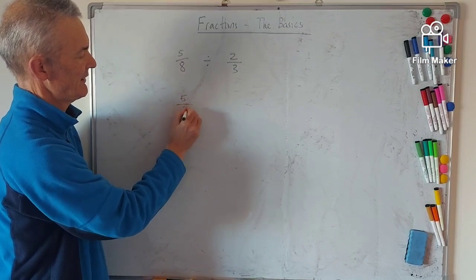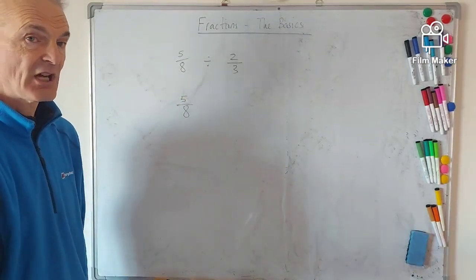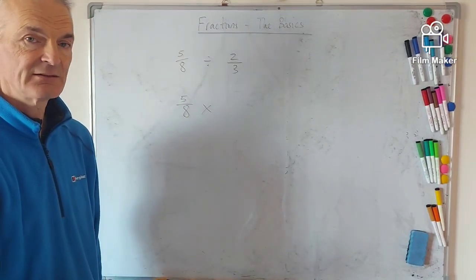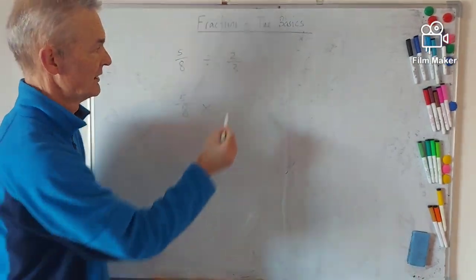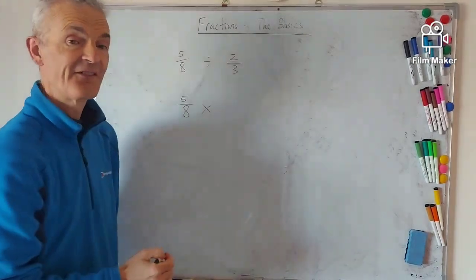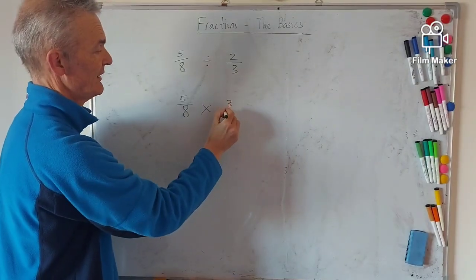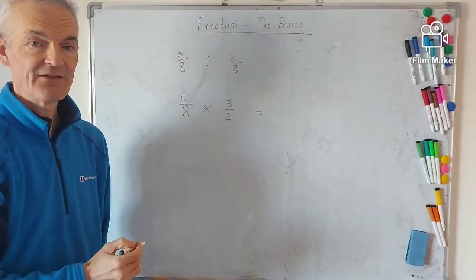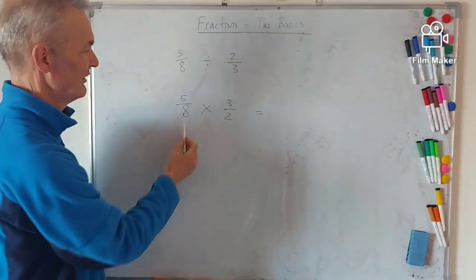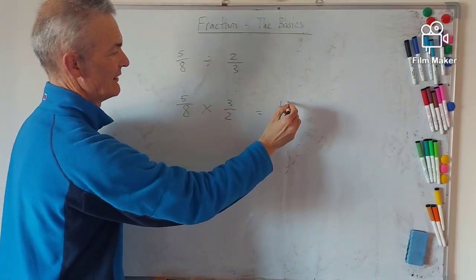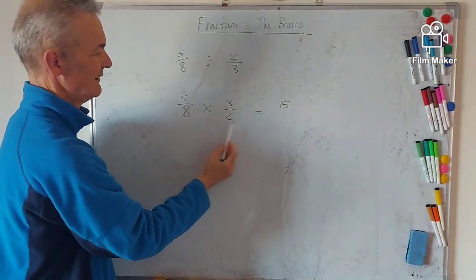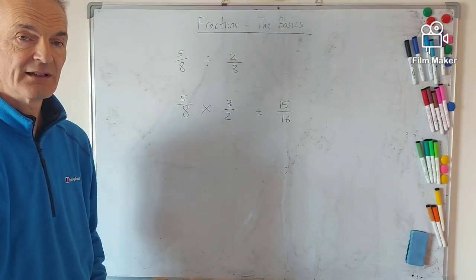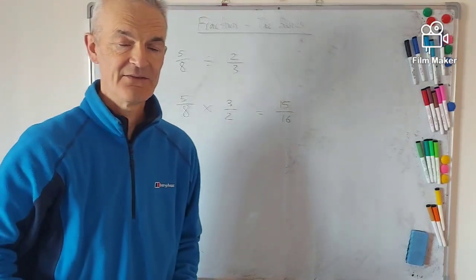So I'll write that underneath, 5/8. Then we change the division to a multiplication, and then to make this work, we invert this one, or flip this. So we've got 3 over 2, and then we've converted the division into a multiplication. So we can then do 5 times 3 is 15, 2 times 8 is 16, and then we're done. And that's how you deal with division.